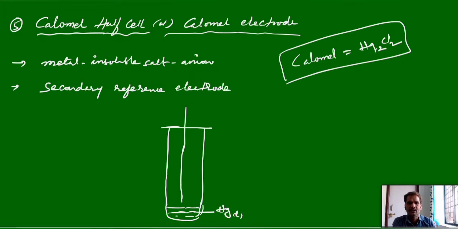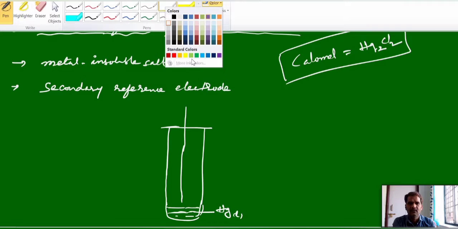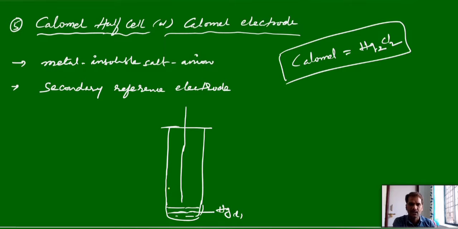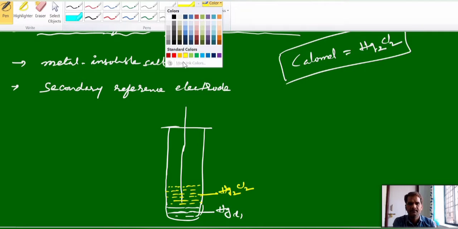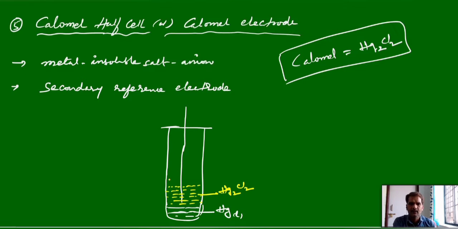And over the liquid mercury, we take mercurous chloride in solid form. This is mercurous chloride, and this is called calomel. And over this we take its anion, a solution saturated with potassium chloride.